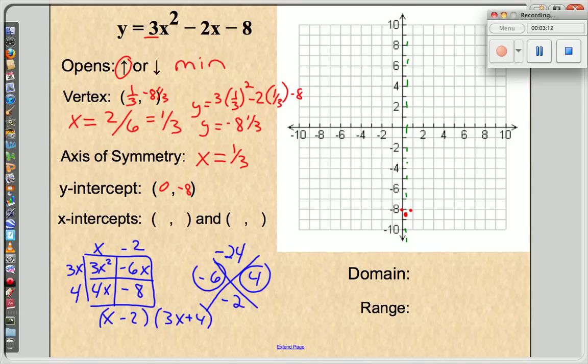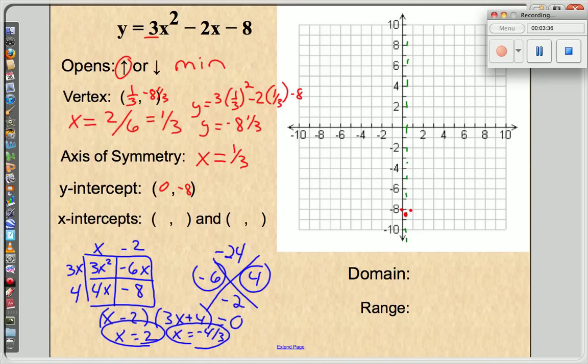Since it was my x-intercept, my y value was 0, remember? So my two answers for my x-intercepts would be x equals 2 and x equals -4/3. So remember, for the second one here, I actually set 3x plus 4 equal to 0 and solved it for x, and that's where I got -4/3.